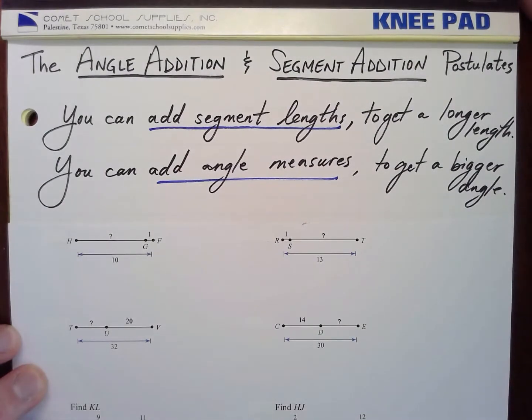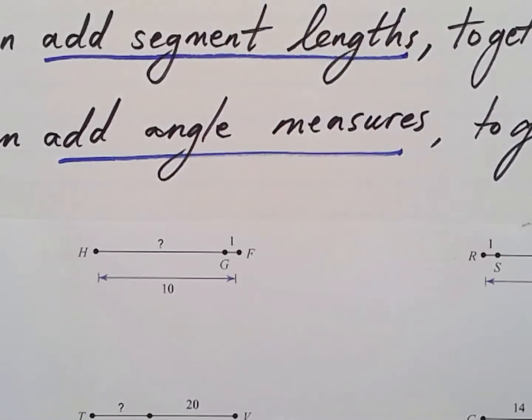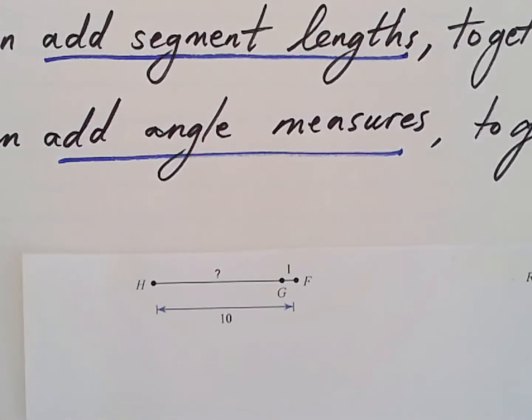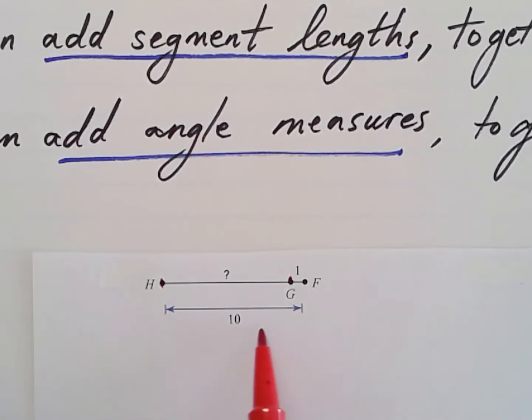segment addition postulate. Okay? And I'm just going to zoom in a little bit here so you can see the problems better. Okay. So looking at this problem, we're interested in where the question mark is, of course. So we're interested in this length right here from H to G. But we know that the entire length from H to F is 10, and this little tiny piece right here is a 1.